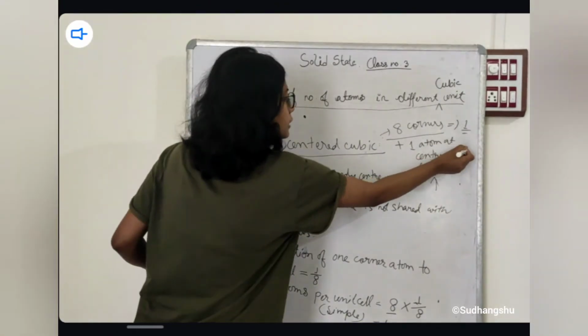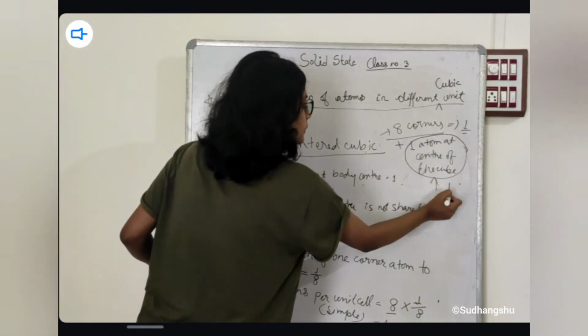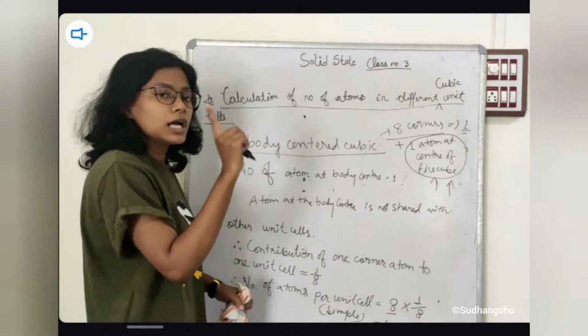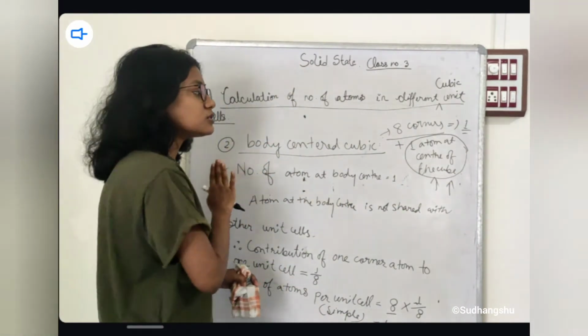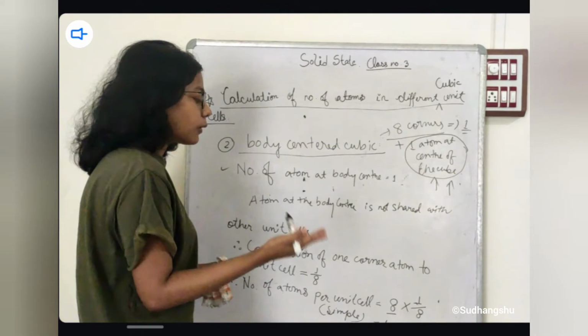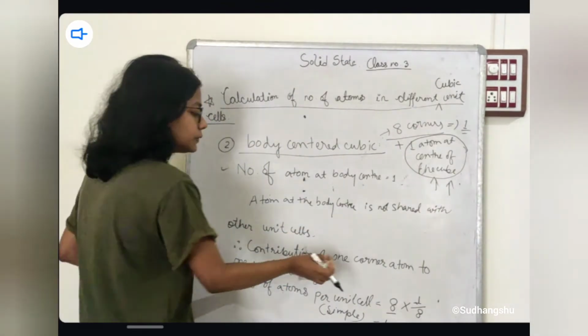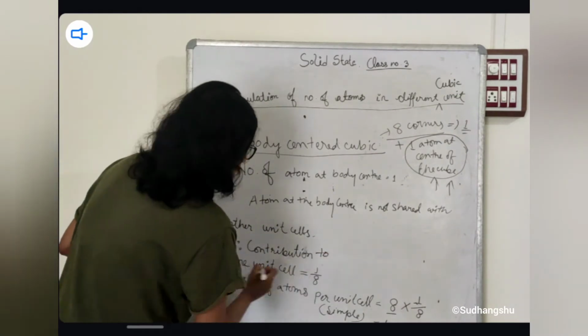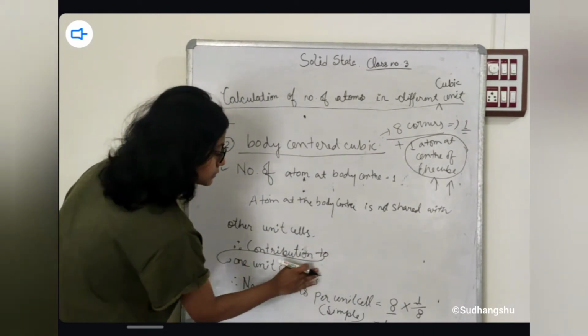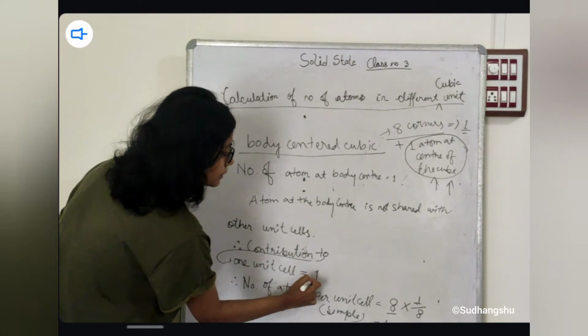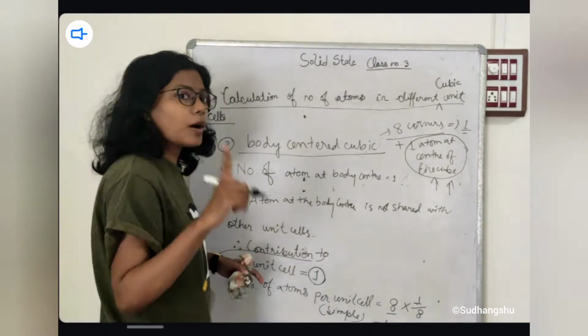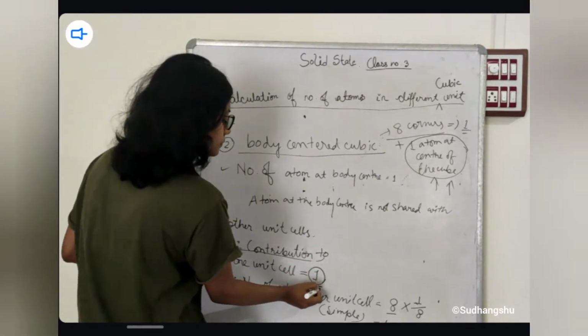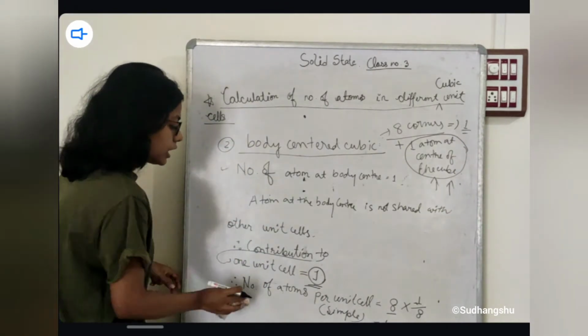So the atom which is at the center of the cube is present only in one unit cell. So it is not shared with other unit cells. So its contribution to one unit cell will be what? 1. Since it is shared by only one unit cell, its contribution is 1.